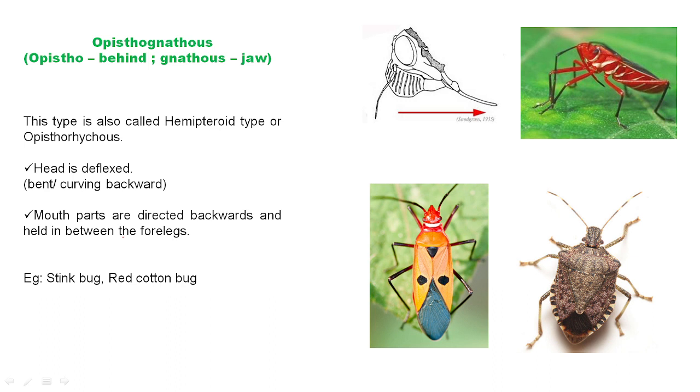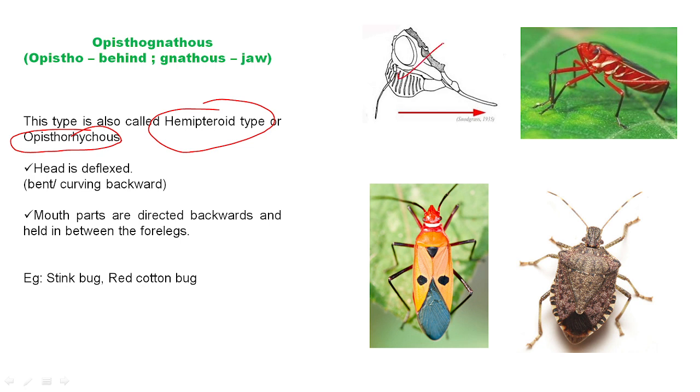Next, opisthognathous head. Opistho means behind or back. Gnatha means jaw. Here the mouth parts are directed in backward direction. This is also known as hemipterate type or opisthorhynchous type of head.